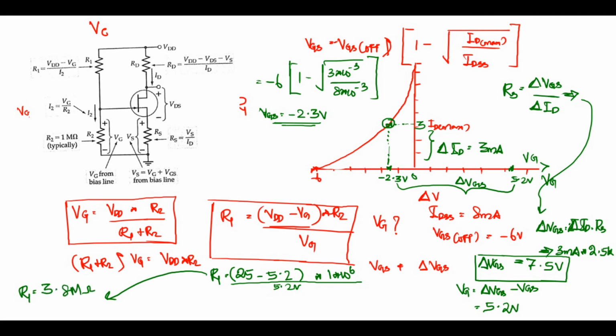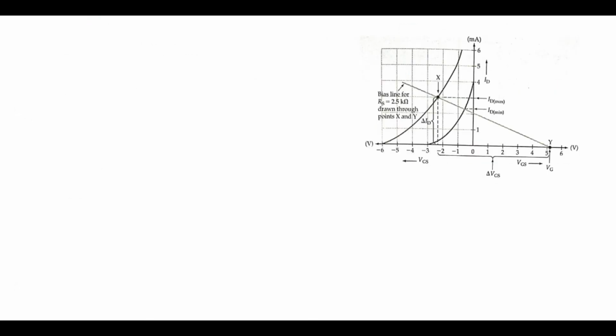Now I will show you the graph, whatever I have explained here, I will show you in the graph. Have a look at this graph. This is what I have been mentioning to you. So this was minus 2.3 and this point is 5.2.